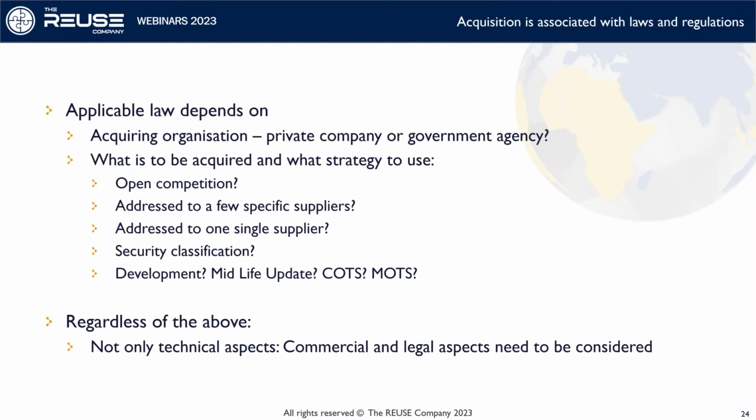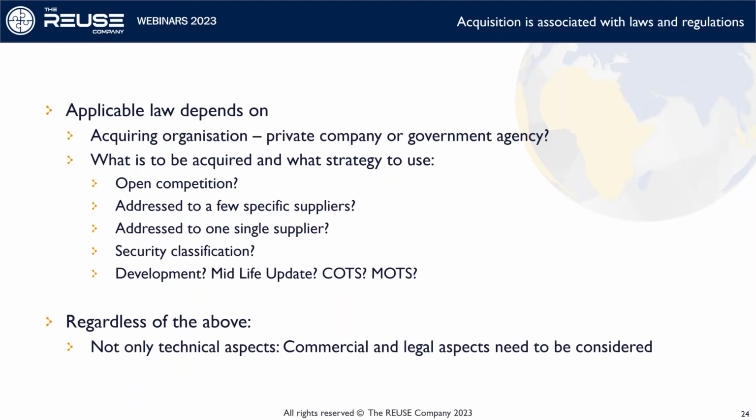And also the strategy, how your acquisition should be performed, may affect applicability of these laws. Should you do an open competition? Sometimes you perhaps are forced to do this for legal reasons. Could you address a few specific suppliers? Sometimes you can, sometimes it's not allowed.